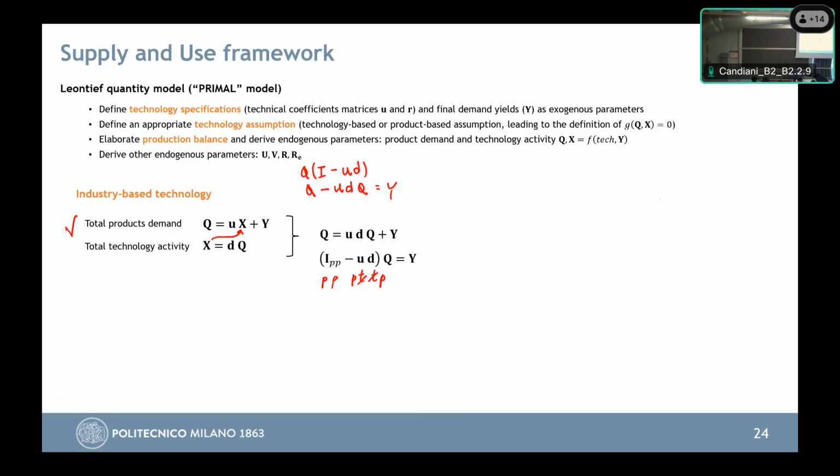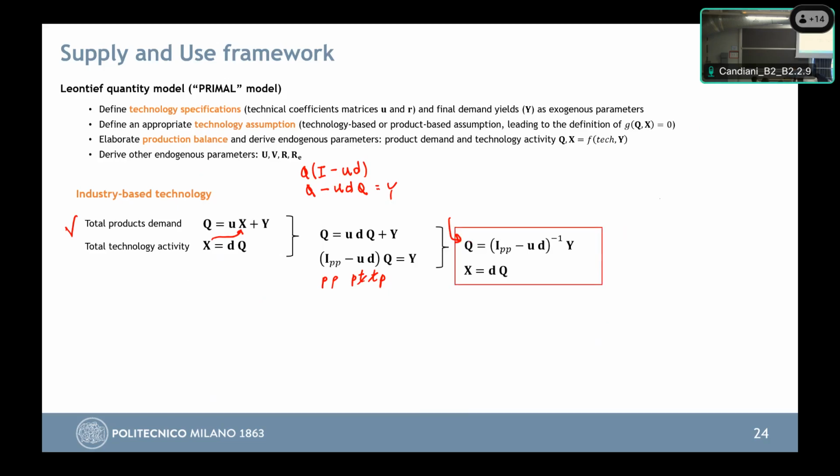By pre-multiplying each side of this equation by the inverse of I minus U times D, I finally get the Leontief model. So I get the primal model here: total demand equals I minus U times D inverse times Y. And this is the total demand equation.